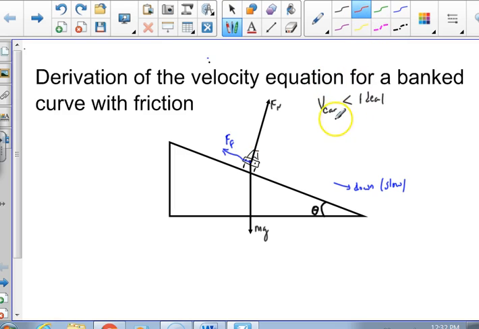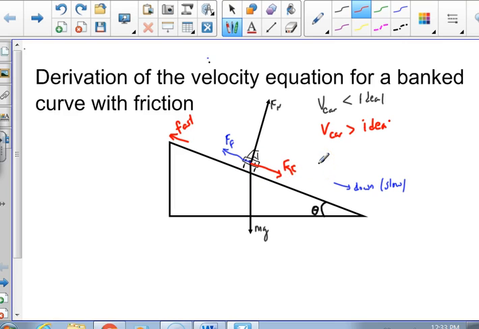Another scenario involves the V car greater than ideal. In that case, going too fast, and as it rises and eventually goes off the bank, if it gets faster and faster, our friction is going to be in this direction.